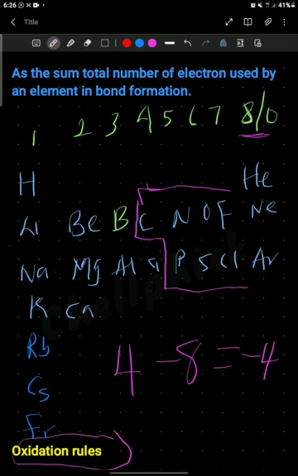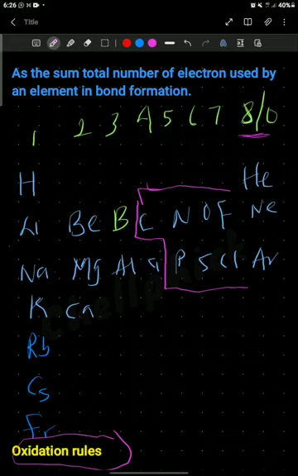Any element that is not stated in the oxidation rule, I repeat, is typically the element they will ask you to find the oxidation number of. For example, oxygen is stated in the oxidation rule.